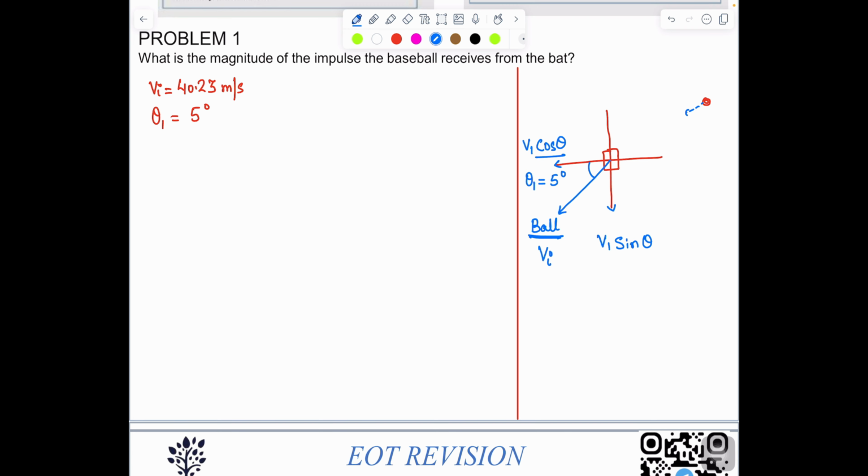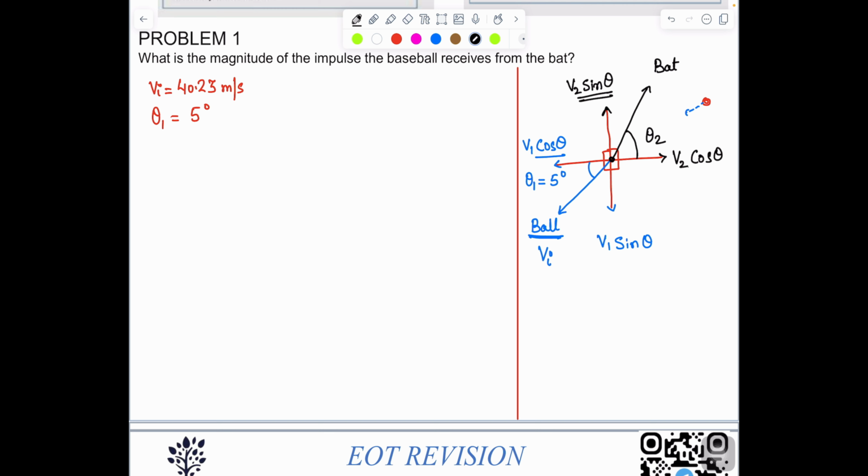Fine. Now the case number 2 on which you need to focus. Let's say the batsman hits the ball like this. So this is the direction of the batsman. Let's say there is an angle theta 2. If this is theta 2, then this will be v2 cos of theta, and this will be your v2 sine of theta.